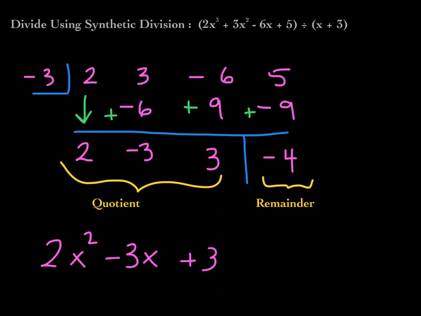That's your quotient. And then your remainder is negative 4. So we write that as negative 4 over your divisor. This is the same answer we got earlier in this lesson, this time around using synthetic division, which is way faster and more efficient. All right, let's do another problem.